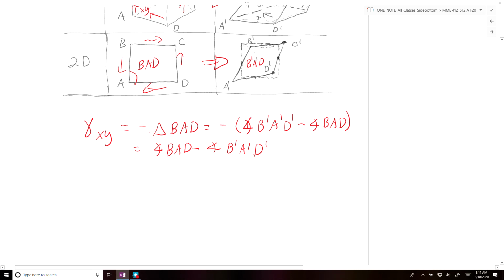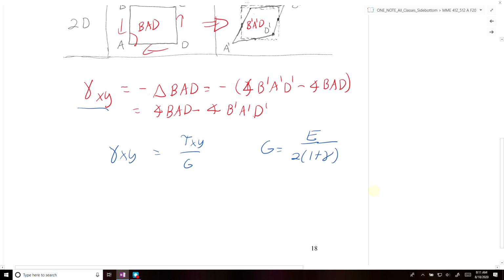All right. So once we have these angles, we can then calculate the shear strain using the shear modulus. So we can relate gamma xy to tau xy using the shear modulus. We can say that gamma xy is going to be equal to tau xy divided by G, where G is equal to the elastic modulus divided by 2 times 1 plus the Poisson's ratio.